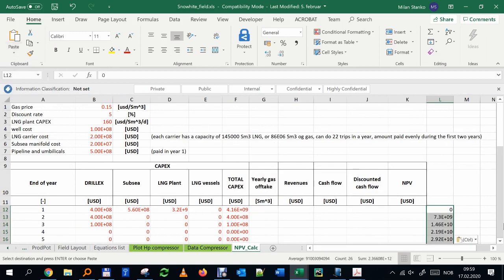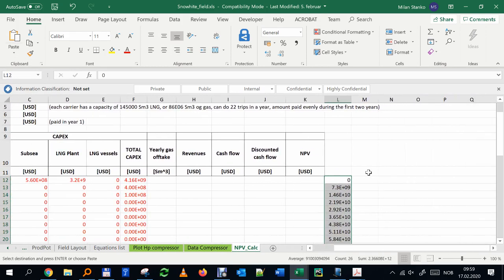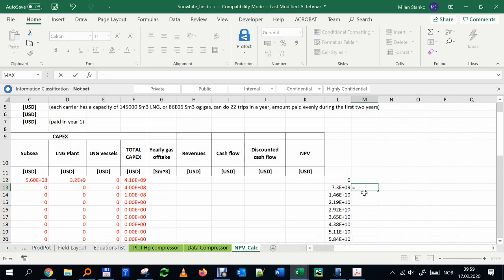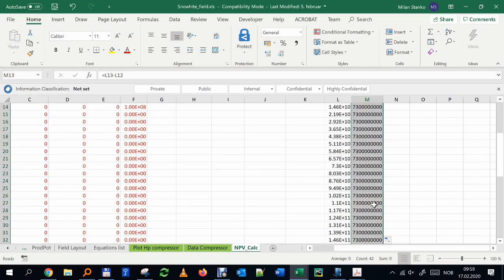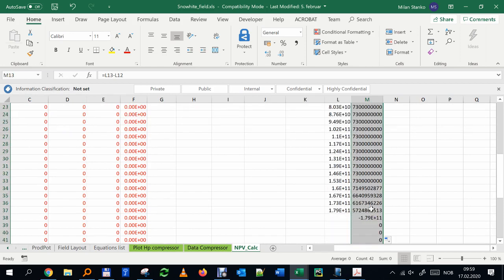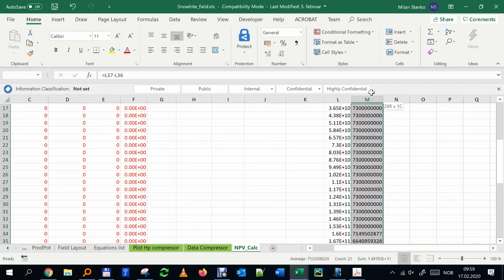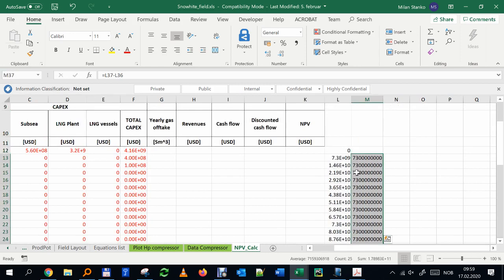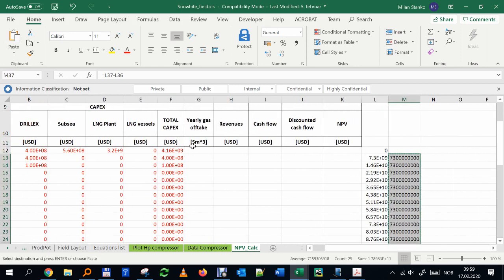During the first year I produced this much, and I simply drag it down. So you see I'm producing in plateau initially, and then finally I enter into decline, and I should have done it until the abandonment rate.